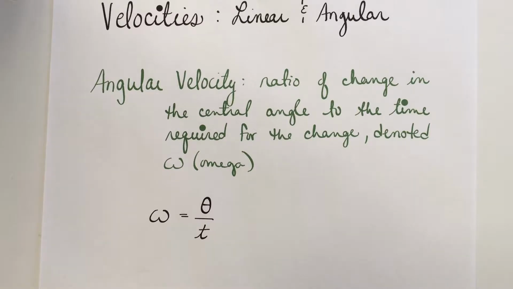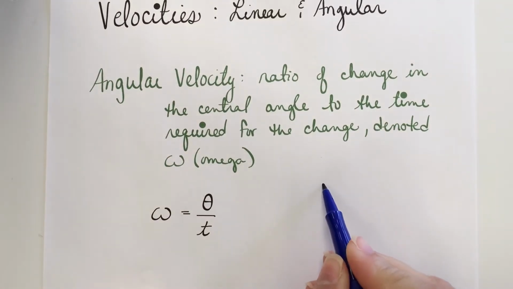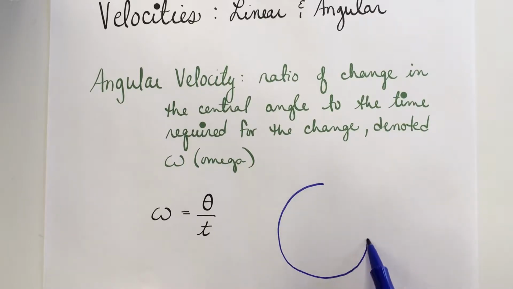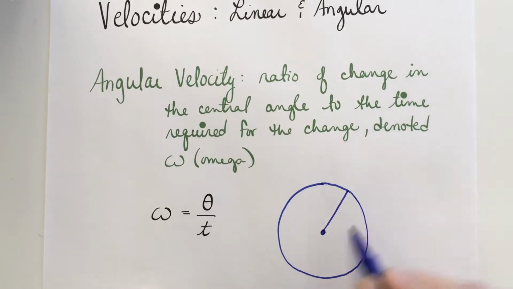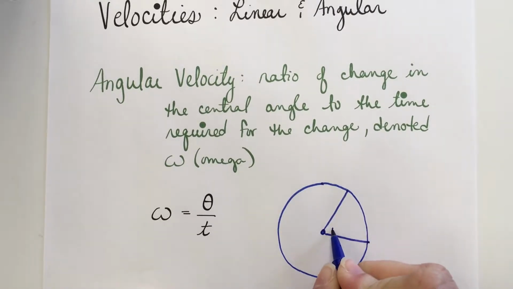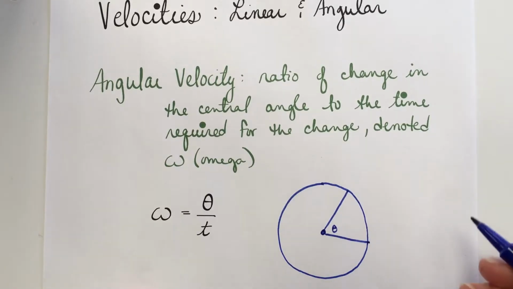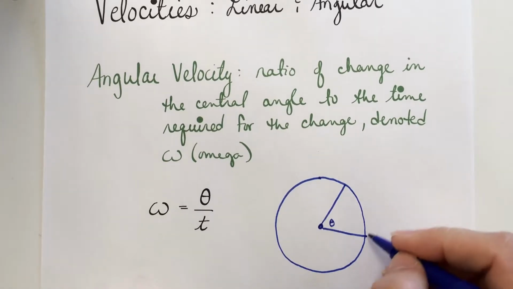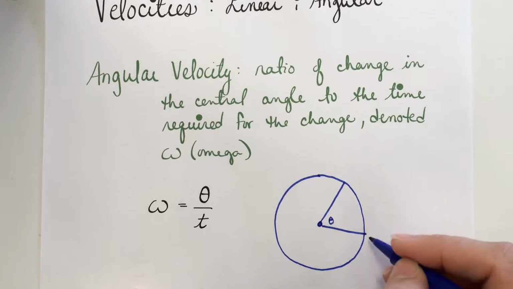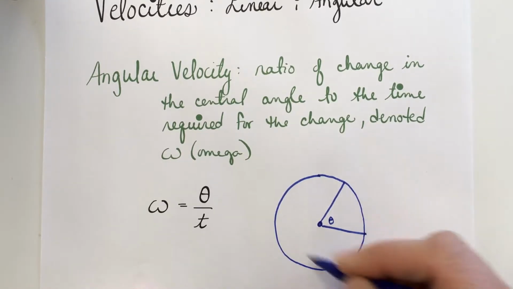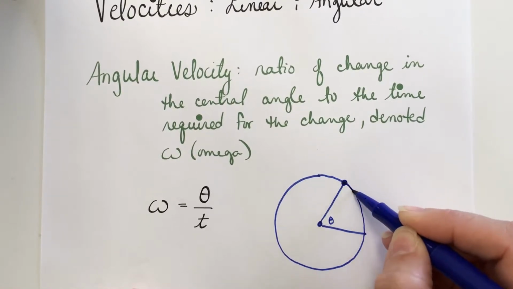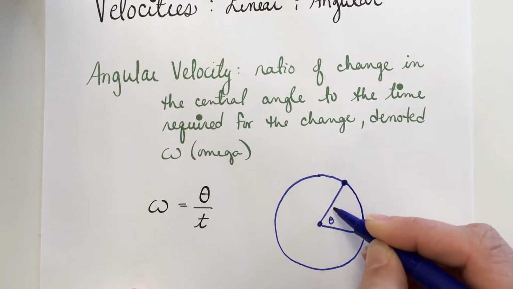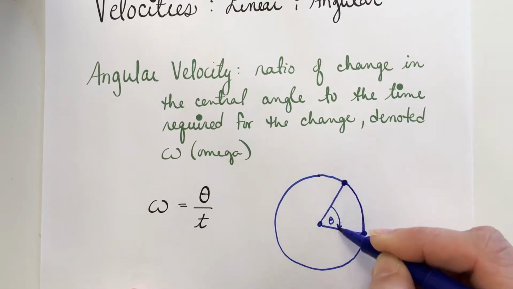Okay, so what it means exactly by angular velocity, it's referring, of course, to the central angle. So this is our central angle. As something moves around the edge of the circle, a lot of times a Ferris wheel is used as an example, as a person rides around the Ferris wheel, from this point around to this point, how fast is this angle changing?